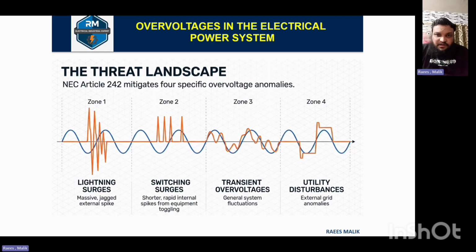The third one is transient overvoltages, that is voltage sags, and certain fluctuations in the electrical power system. Number four is utility disturbance, that is external grid anomalies and disturbances that occur in the power system.